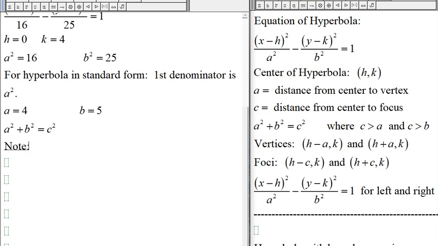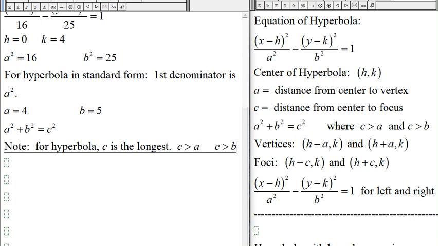And note for a hyperbola, c is the longest. So we're always going to have c greater than a and c greater than b.